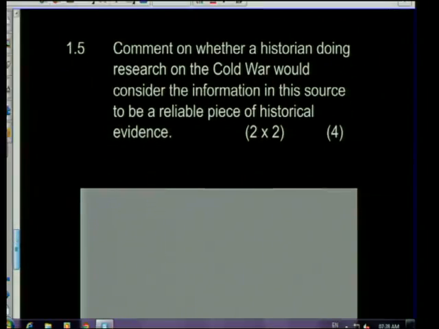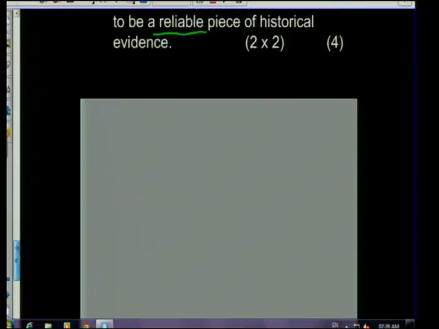Comment on whether a historian doing research on the Cold War would consider the information in this source to be a reliable piece of historical evidence. I'm going to quickly underline reliable because these are the skills that I spoke to you about earlier on. Okay, is this a reliable source? And please note that this is different from is this a useful source?